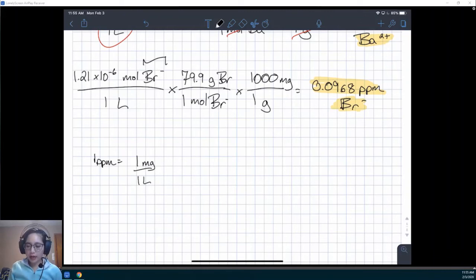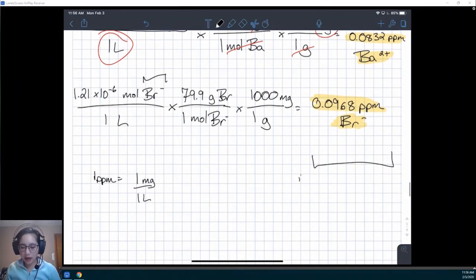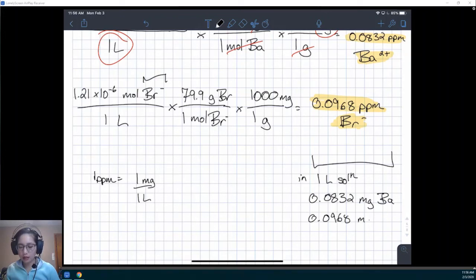So if we take these two concentrations of ionic species, if we have 0.0832 ppm of barium, that means in a 1 liter solution there should be 0.0832 milligrams of barium. There should also be 0.0968 milligrams of bromide.